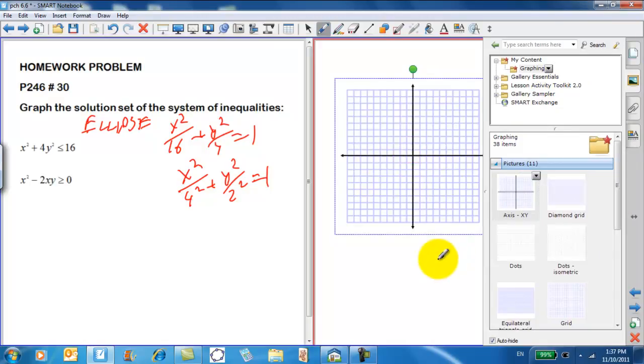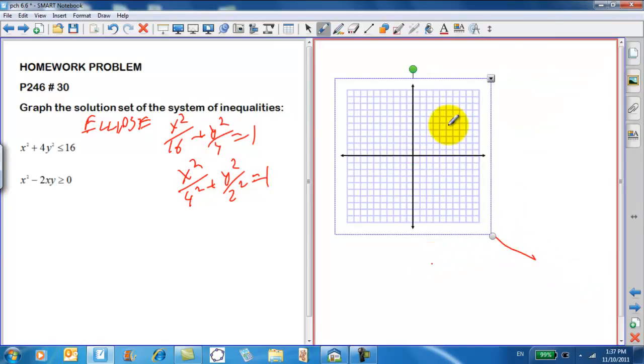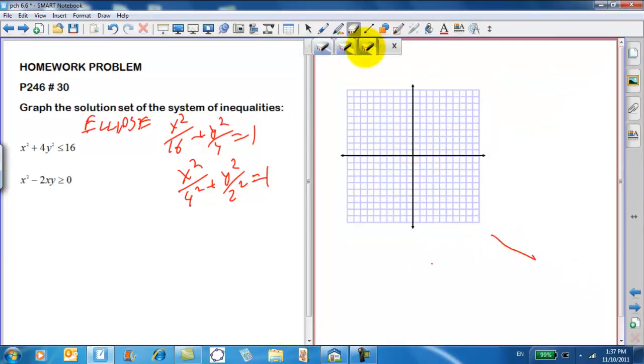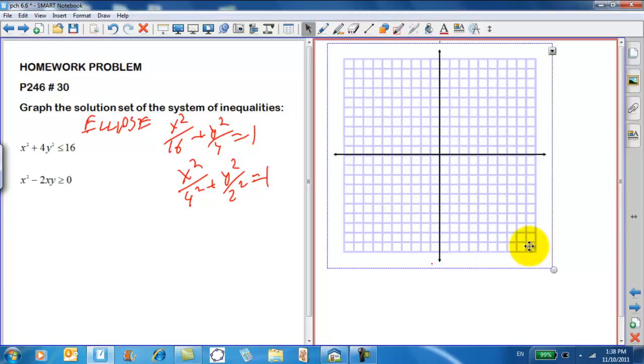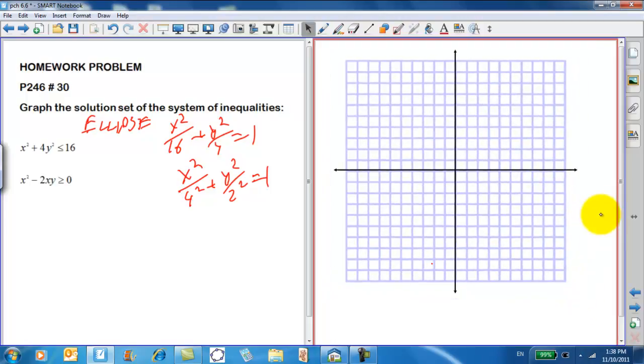So we can go 4 each way in the x and 2 each way in the y.